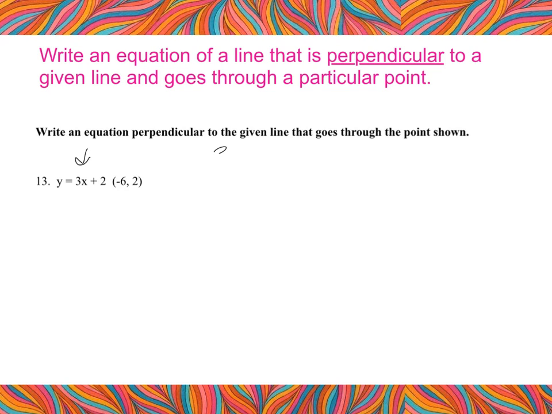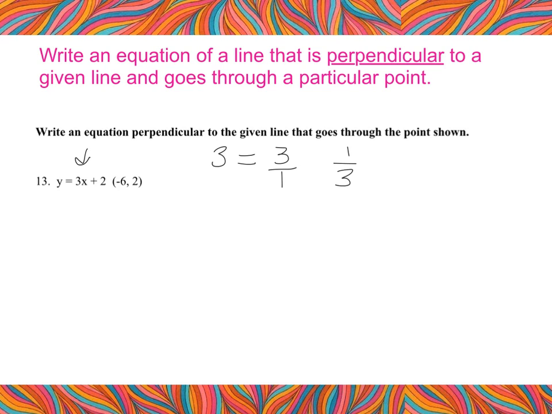So if we're given a line with a slope of 3, remember that the number 3 is the same as 3 over 1. Sometimes when we have a whole number, it's easier to find the reciprocal if we put it over 1, because then we can flip it to get the reciprocal of 1/3.